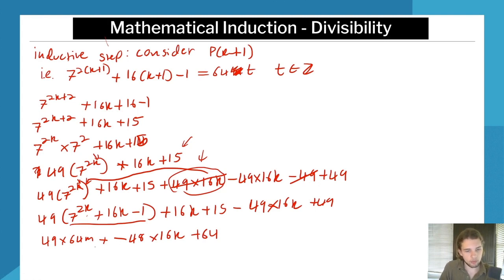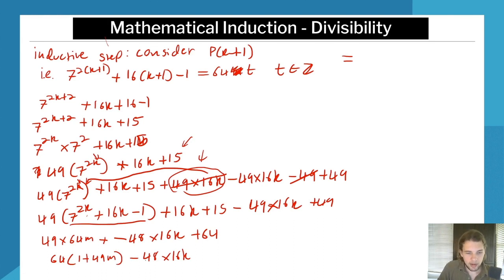Now we have 64 outside of 1 from this value over here, and then we have plus 49m. And then outside here, we just have a minus 48 times 16k. Now, what I'm going to do with this is first move it all the way up here.